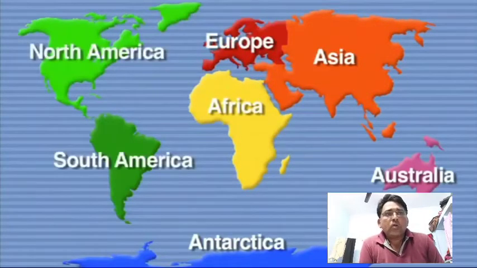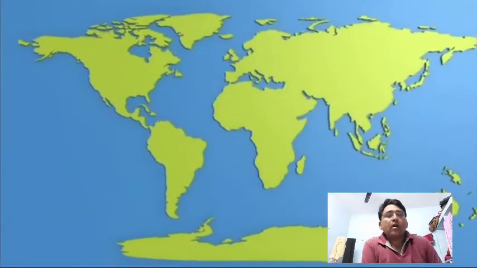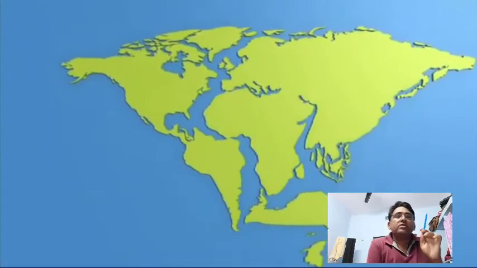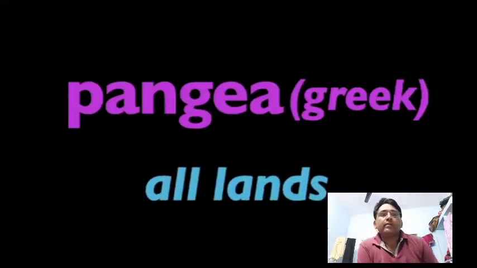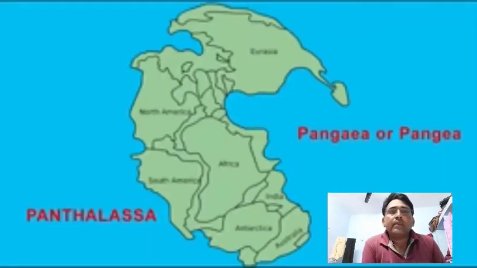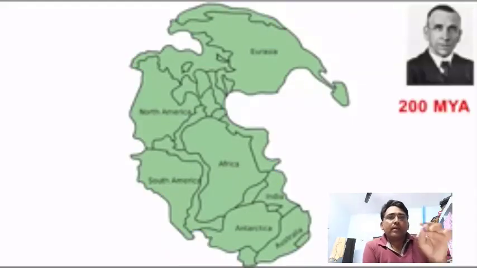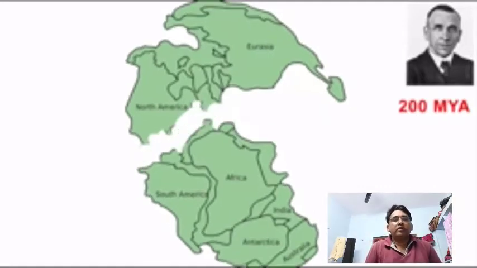But 200 million years ago, all the land was joined together. That supercontinent is called Pangaea. Pangaea is a Greek word that means all lands. In that period, there was a superocean called Panthalassa. Because of rifting, Pangaea broke into 2 parts.